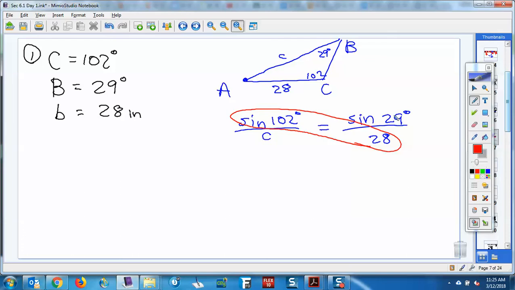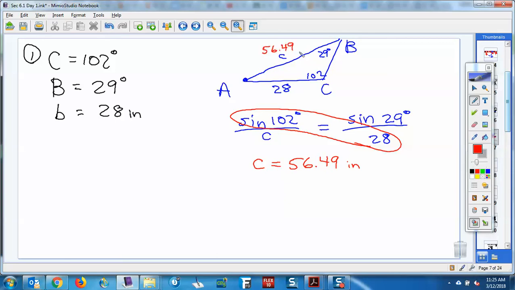So I would do 28 times sine 102, hit equals, divide sine 29, hit equals, and you get 56.49. It's probably going to say either 1 or 2 decimal places in the problem. If this was given in inches, you should put inches on there. You should put the label on there. That's side C.